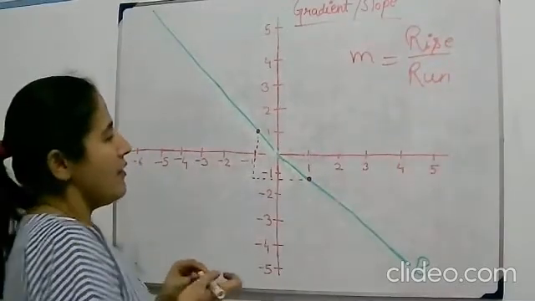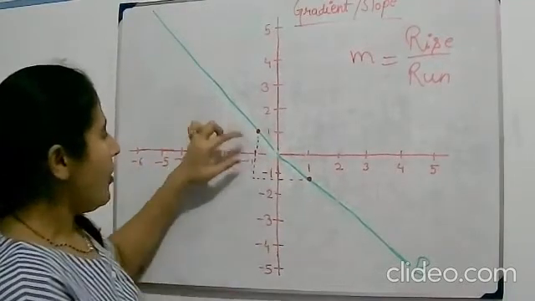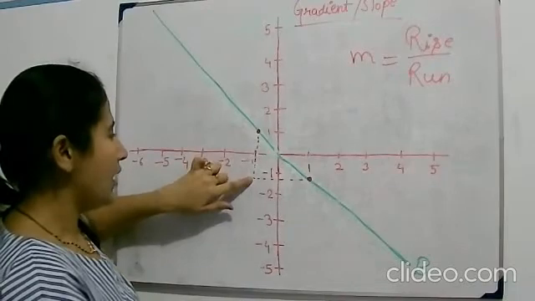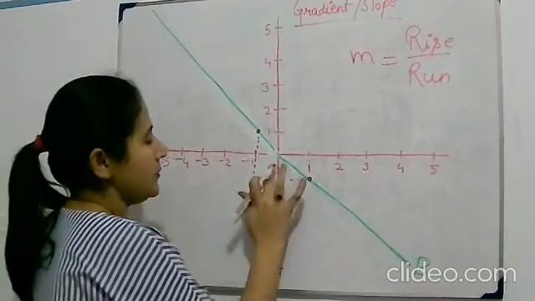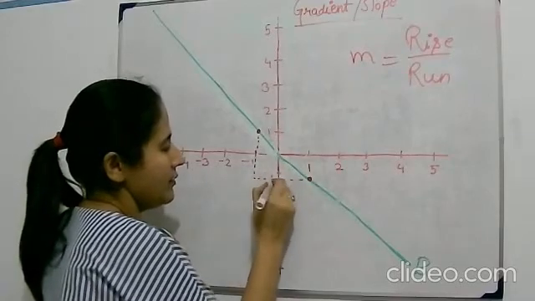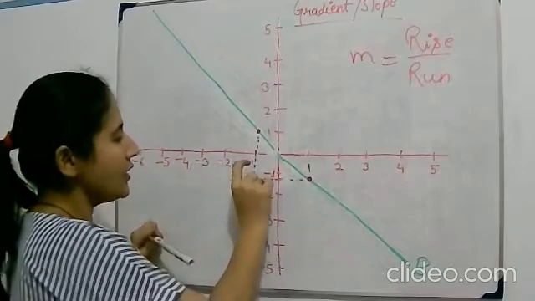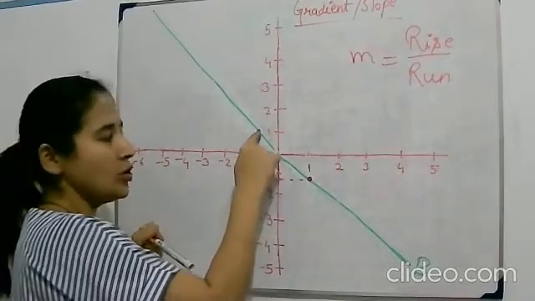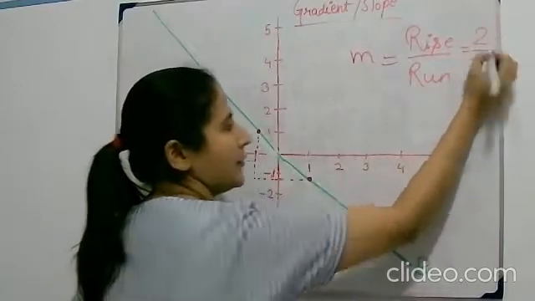Rise in the vertical axis, in the y-axis. If we start from this point, here from -1, from -1 to 0 and 0 to 1, so rise is equal to 2.